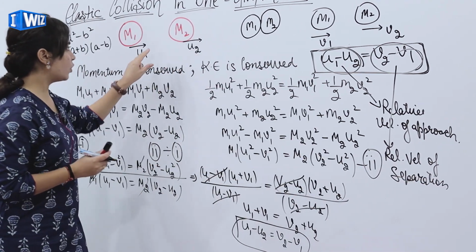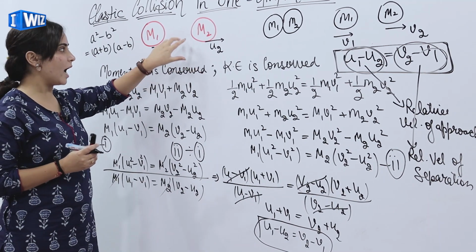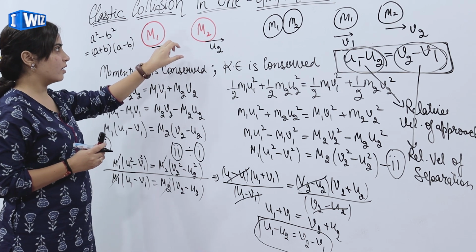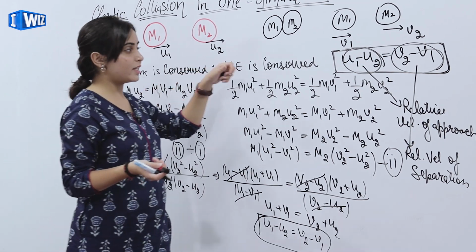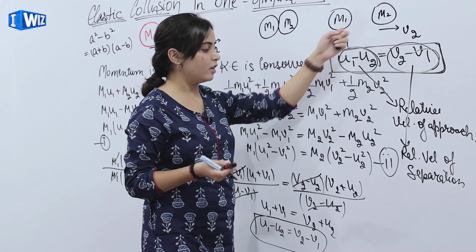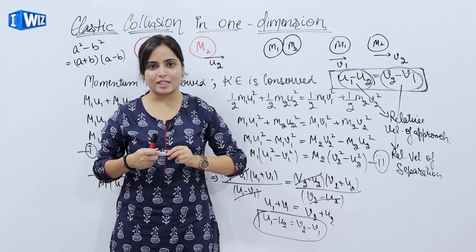That means u1 and u2 before collision are approaching with relative velocity u1 minus u2, which is equal to the relative velocity of separation after collision. So this was about elastic collision.